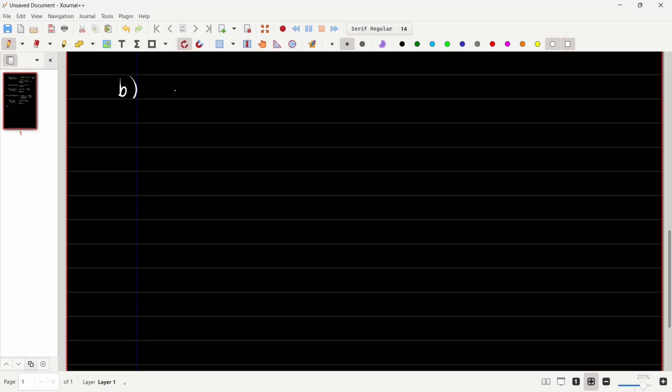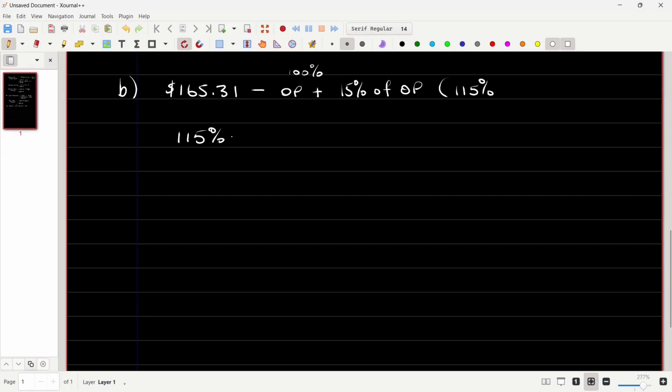Now in part B, we know that she paid $165.31. This comes from the original price plus 15% of that original price. What does that mean? That means that we have 100% here plus that 15% to give me 115%. So 115% of the original price would be equal to 165.31.